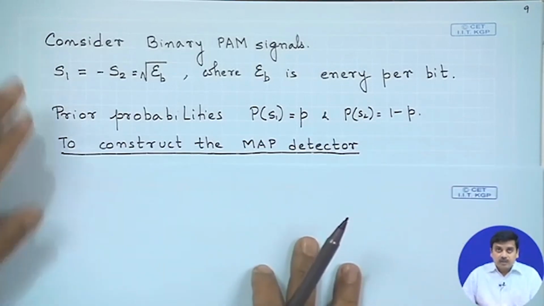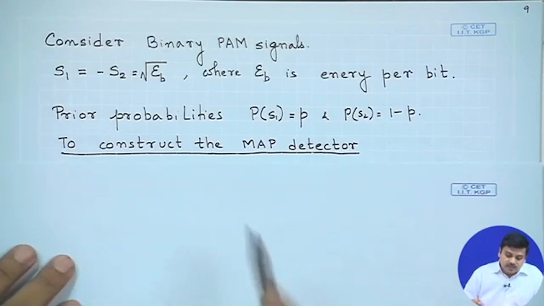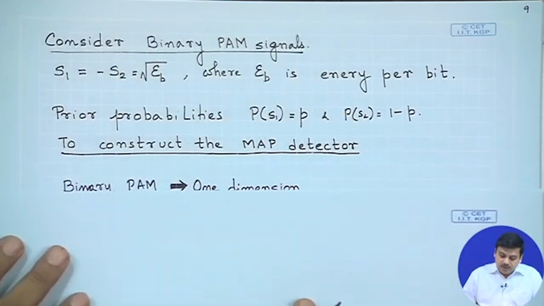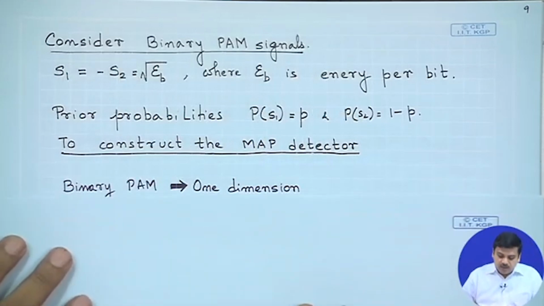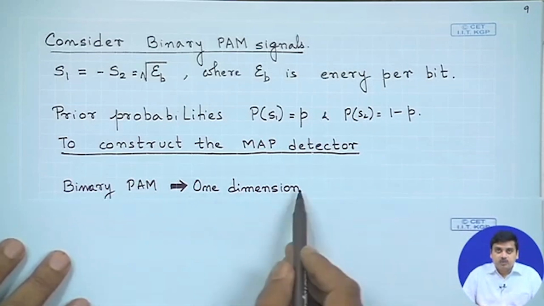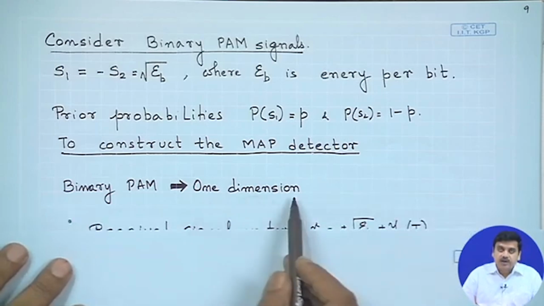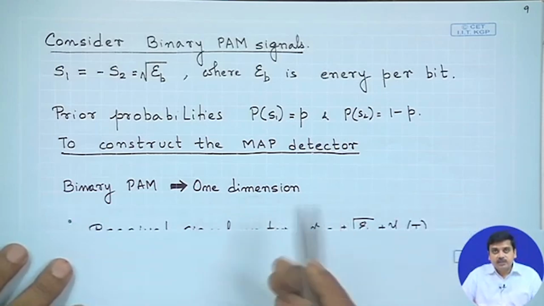Now, we have to construct a MAP detector for this particular example. To construct the MAP detector, we must remember that we are dealing with a binary PAM, which is one dimension. That means the matched filter output projects the signal on one of the dimensions and gets a single component.